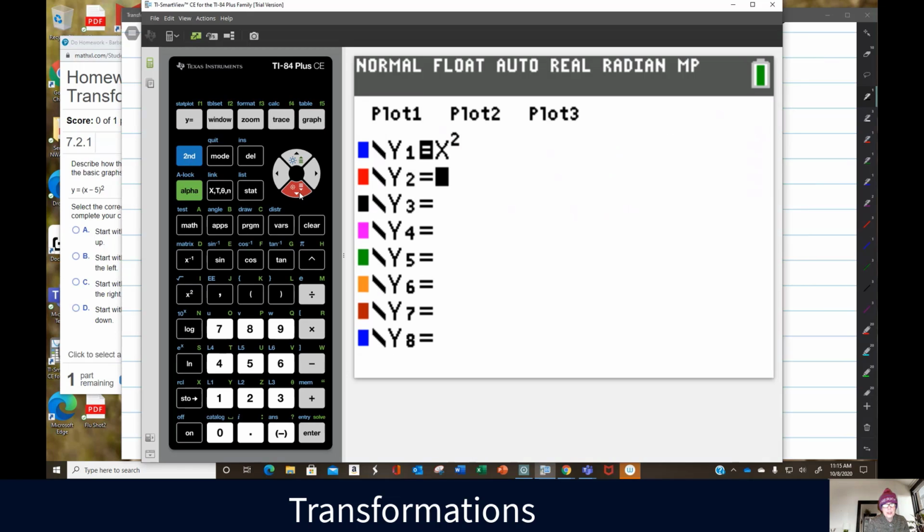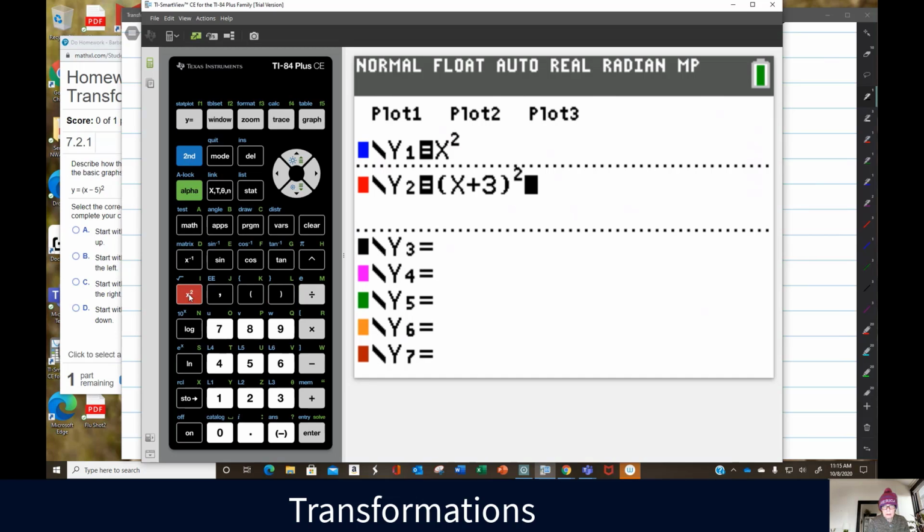Now, I alter the argument: parentheses, x plus 3, parentheses closed. Now we're dealing with x squared, so I have to put a squared up there.